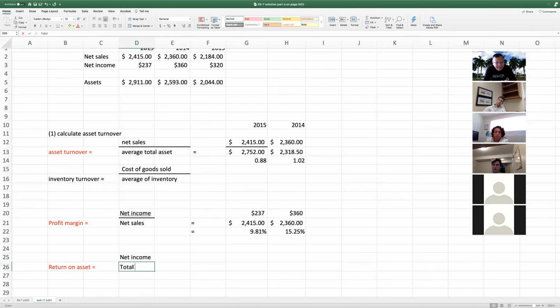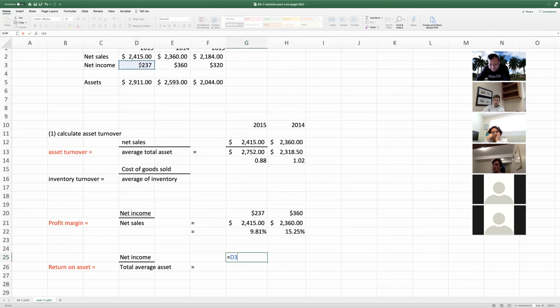Asset is your investment, income is your return. So for every $1 of asset, how much income do you have? Do you want this return to be higher or lower? Higher, right?